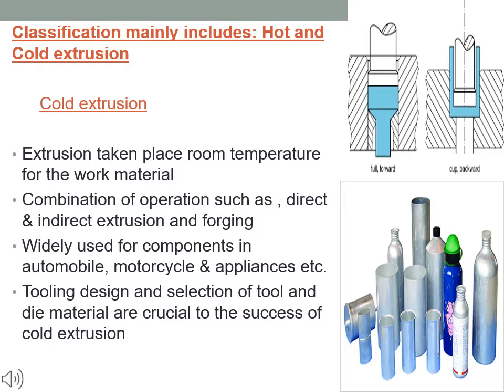The magnitude of the stress on the tooling in cold extrusion, however, is very high, being on the order of the hardness of the workpiece material. Tooling design and the selection of appropriate tool and die materials are crucial to the success of cold extrusion. It is primarily used to produce parts in finished or nearly finished form.